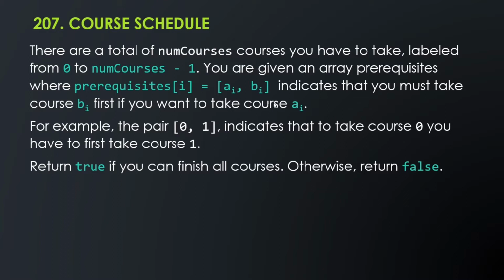That indicates that we must take course B first if we want to take course A. For example, the pair [0, 1] indicates that to take course 0, we first have to take course 1. Our task is to return true if we can finish all courses. Otherwise, we need to return false.